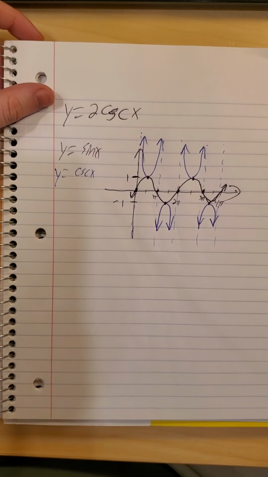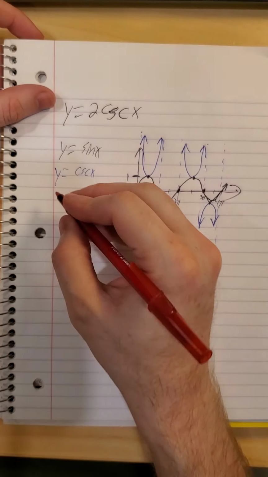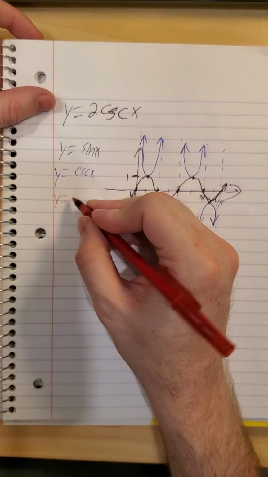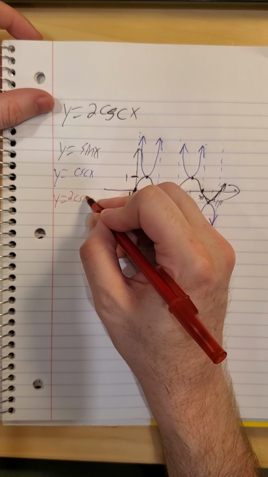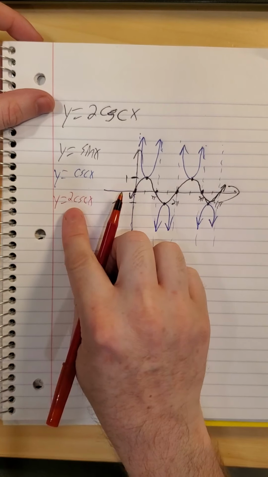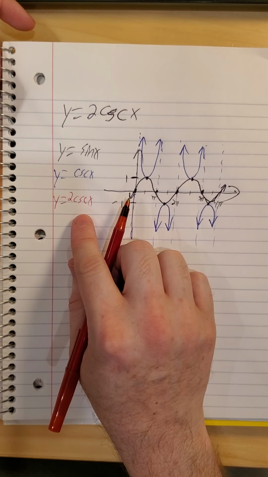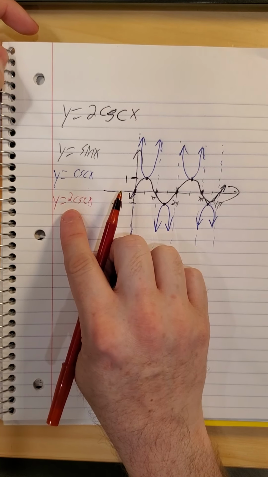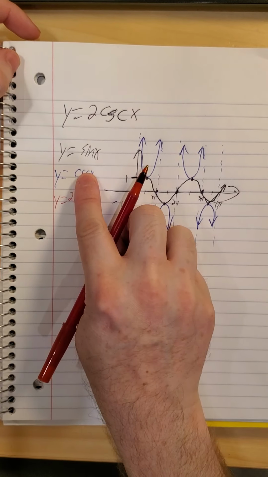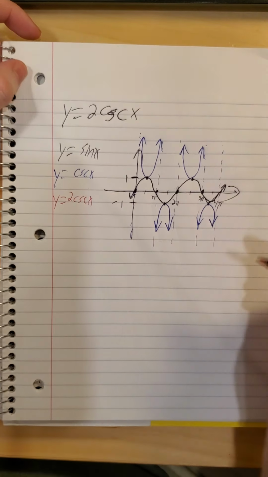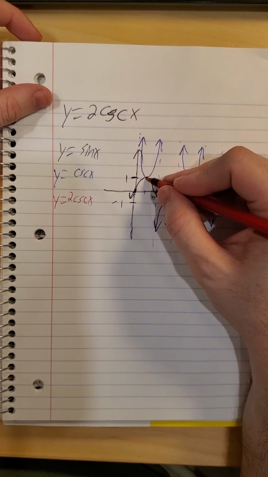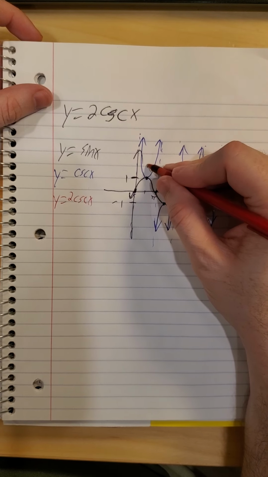So then the last one, I guess red will do it. 2 cosecant x. There's nothing magical about this being a cosecant as opposed to a parabola or any other shape that you've graphed. This just means take your old y values and multiply them by this number. So 1 times 2 is 2.